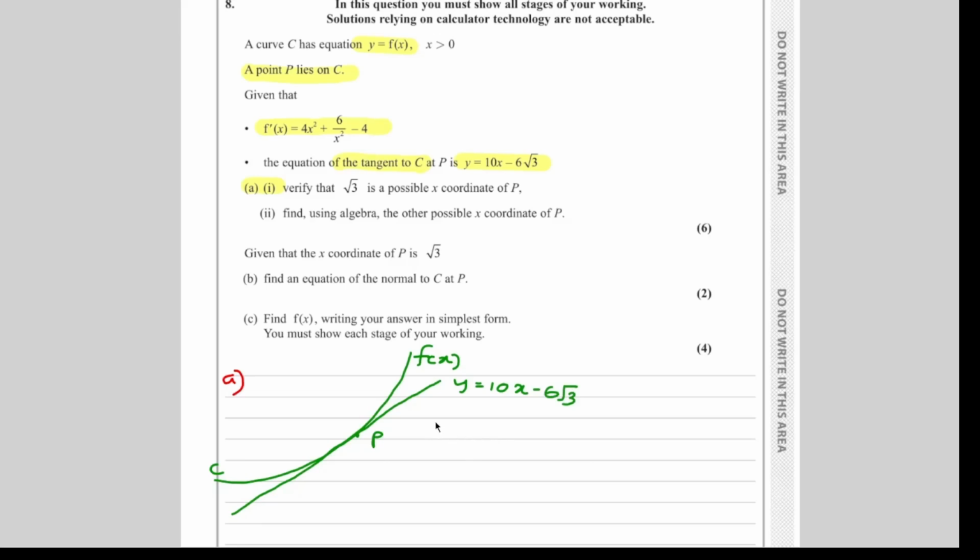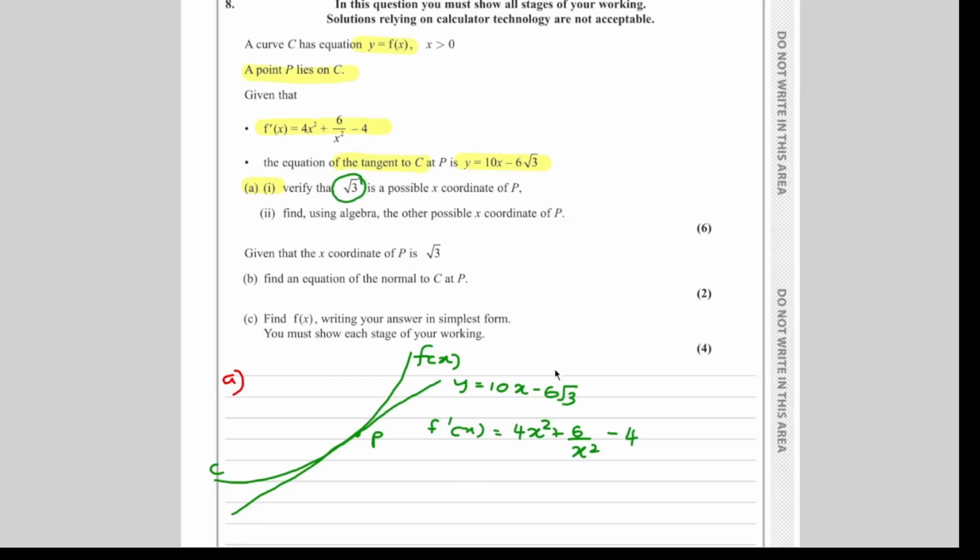And we've been given here f dash of x. F dash of x equals 4x squared plus 6 over x squared minus 4. Right? Now we need to verify that root 3 is a possible x coordinate of P. We need to prove that this root 3 is a possible x coordinate of P.